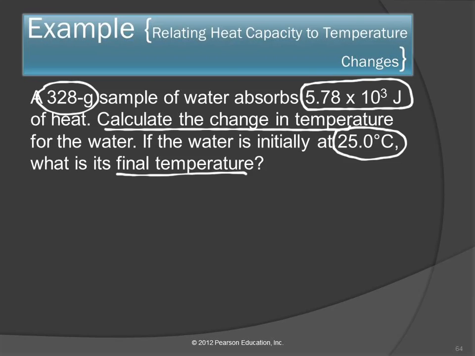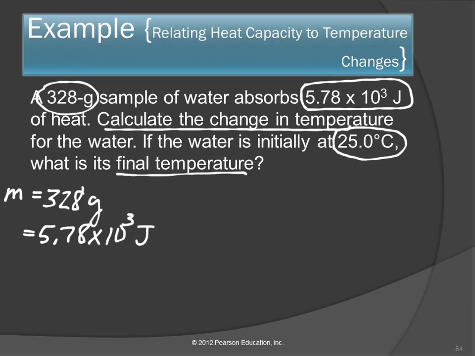Okay, so fine. Let's write these numbers down. 328 grams. What is that? That's the mass. 5.78 times 10 to the third joules. What's that? That's the heat.